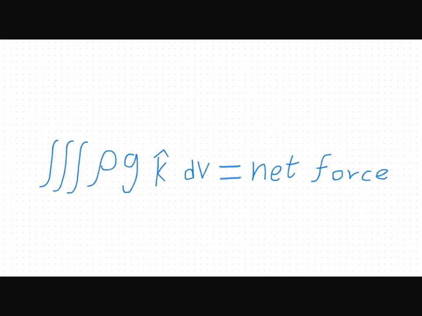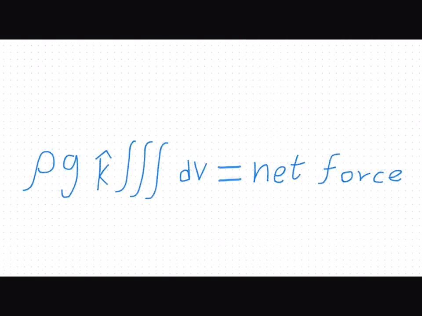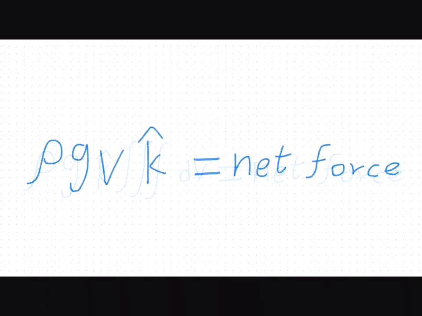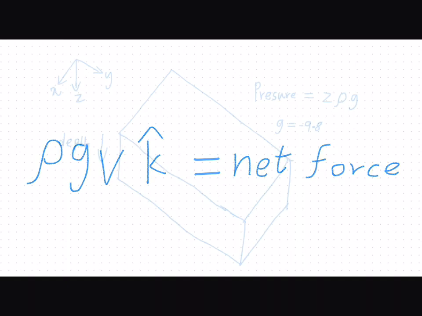That all reduces to rho g k hat. Now we can move rho g k hat out of the integrand because they are constants, and the triple integral of dV is simply the volume of the object. That all simplifies down to rho g V times k hat, and that is the solution.